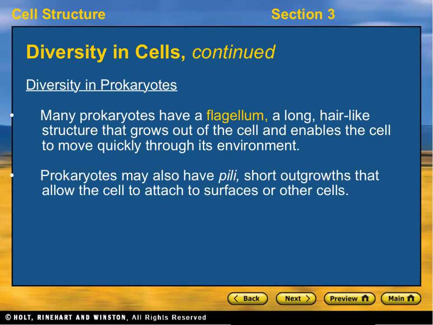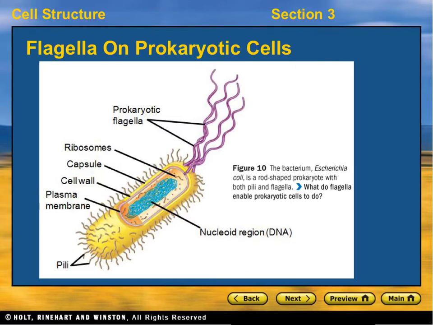They also have short, still kind of hair-like growths called pili, and what the pili do is allow the cell to attach to surfaces or other cells. Here we have a prokaryotic cell, and you can see that these long structures are the flagella, which help project that prokaryotic cell forward.